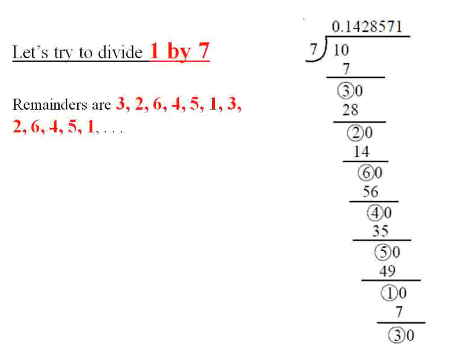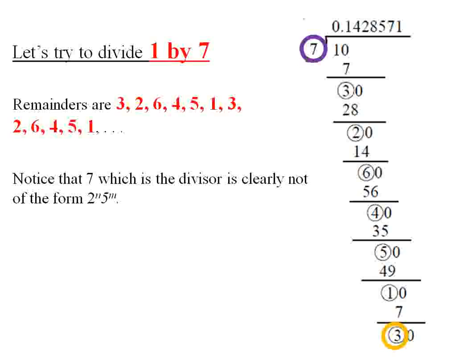The remainders at each point in the long division process will be 3, 2, 6, 4, 5, 1, and then 3, 2, 6, 4, 5, 1 will keep on repeating. The divisor is 7 and the remainders are 3, 2, 6, 4, 5, 1, then again 2, 6, 4, 5, 1 would have been the remainders next.